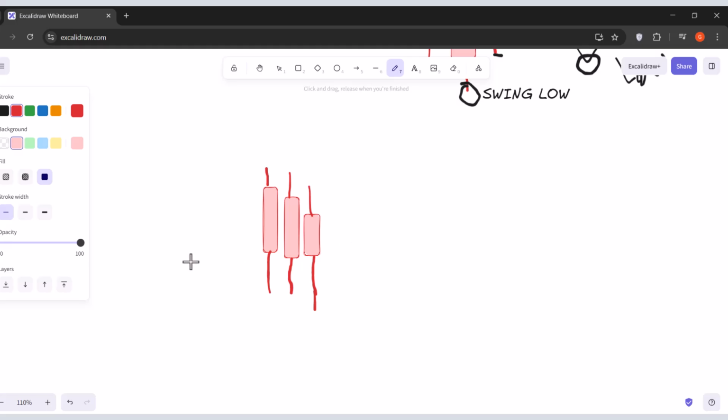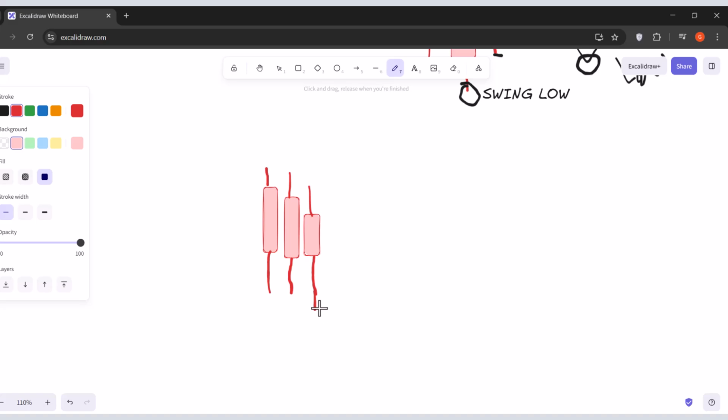In this case, there is no swing high and there is no swing low. Why is it so? If you look at this, the middle candle over here, it's not taller than the surrounding candles, or it's not even lower than the surrounding candles. So there is no swing low or swing high in this case.